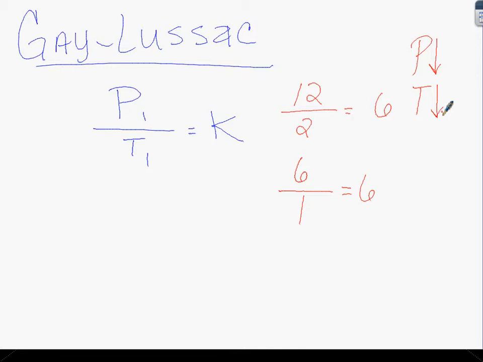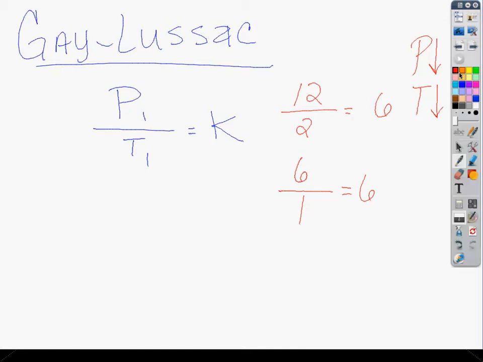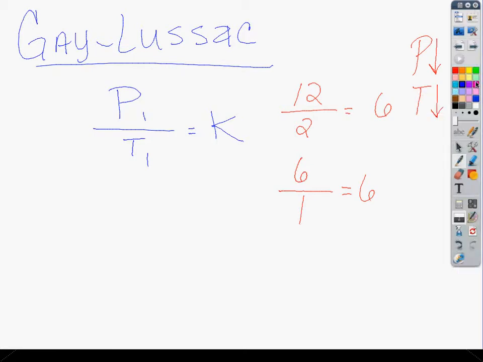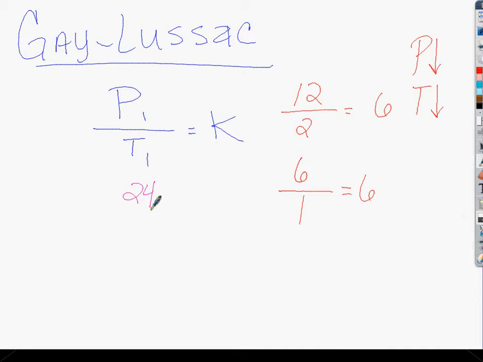So let's say, change colors up for you. Come back. Let's say my pressure is now 24. I still want my constant to be what? 6. So my pressure is 24, my temperature has to be 4. So my pressure did what?